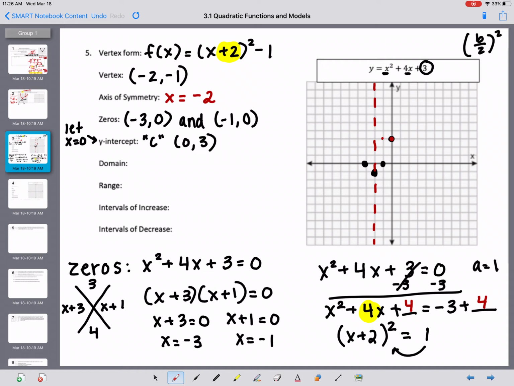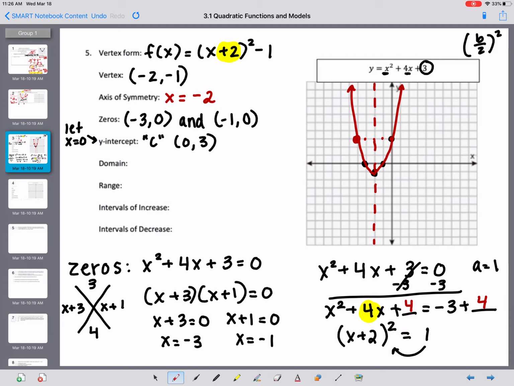That is 2 units away from my axis of symmetry. If I go 2 more units, I will get my point here, because everything on the right-hand side should be reflected over that axis of symmetry. So I can get more points this way. That's also a way for you to check your x-intercepts to make sure they're correct. They should be the same distance from the axis of symmetry.